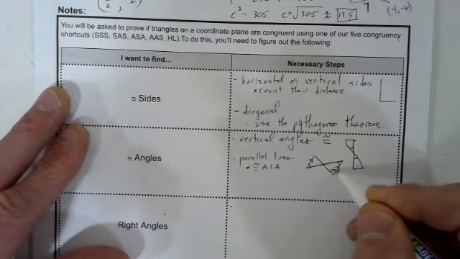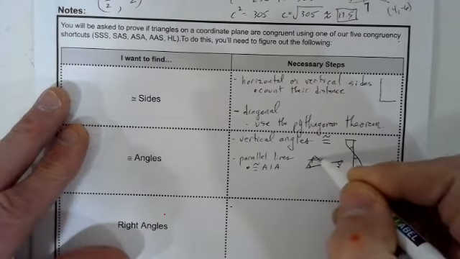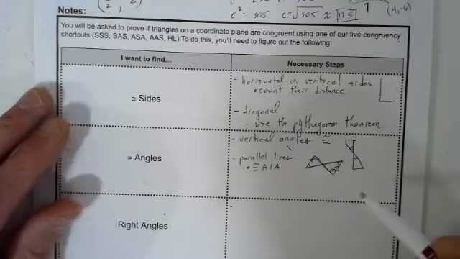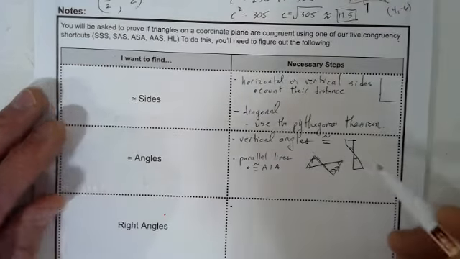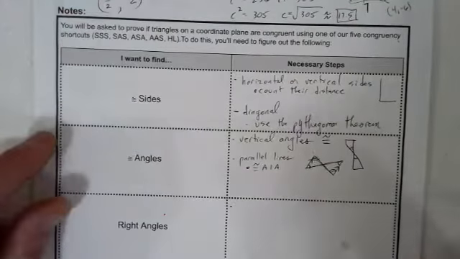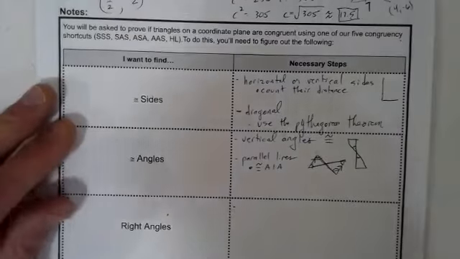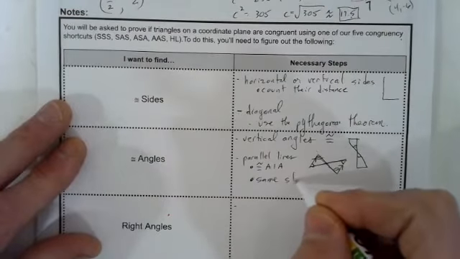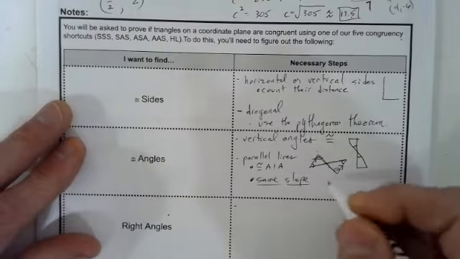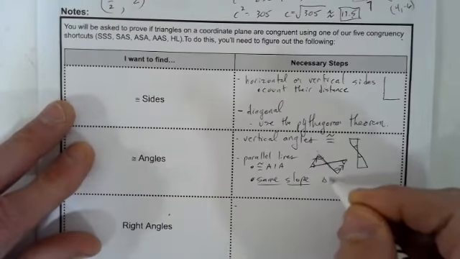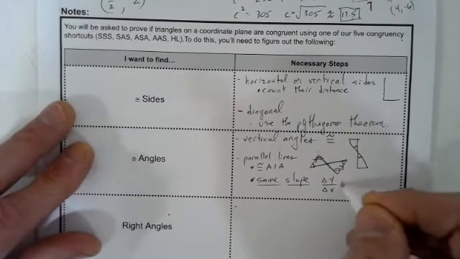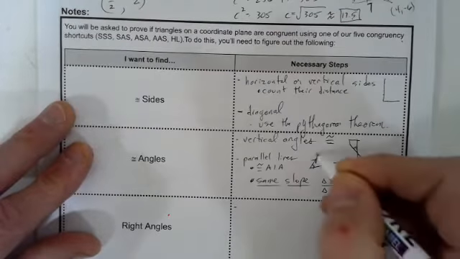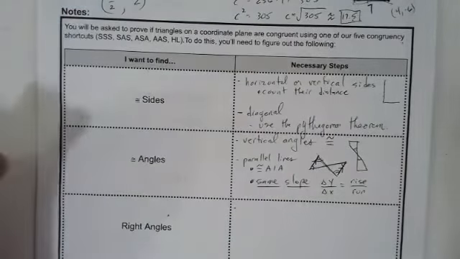And these two angles here would also be congruent because they're alternate interior angles on a different transversal. Remember, to find parallel lines, they have to have the same slope. That means the change in y over the change in x, or the rise over run, for both of those lines has to be the same.